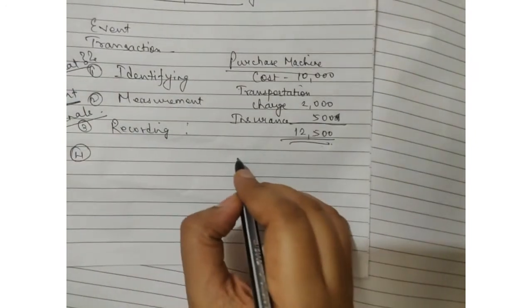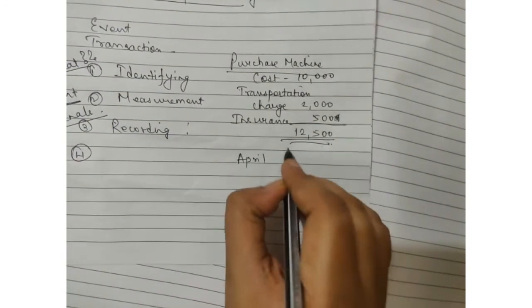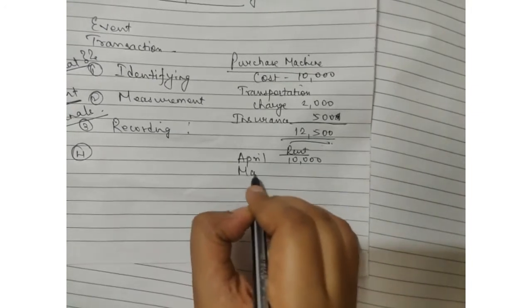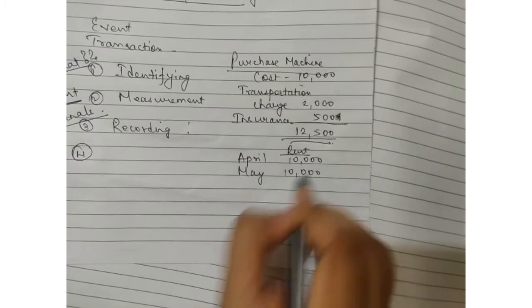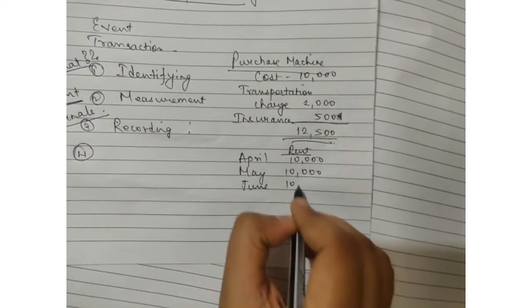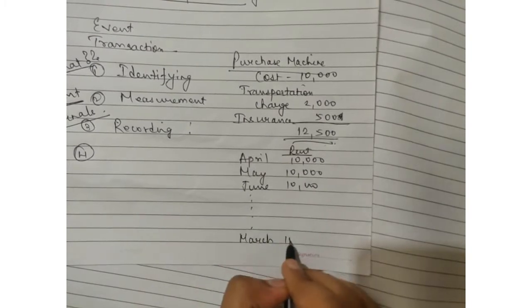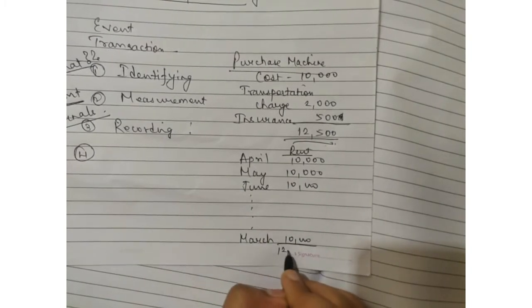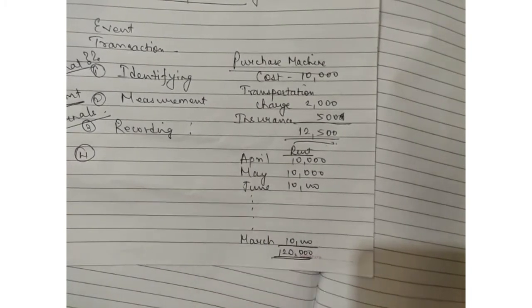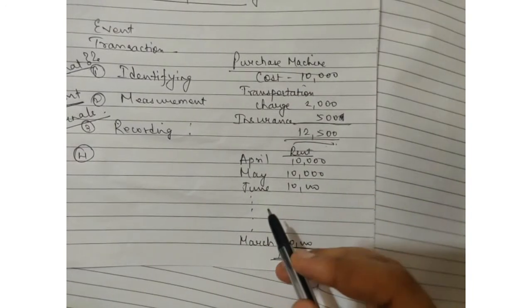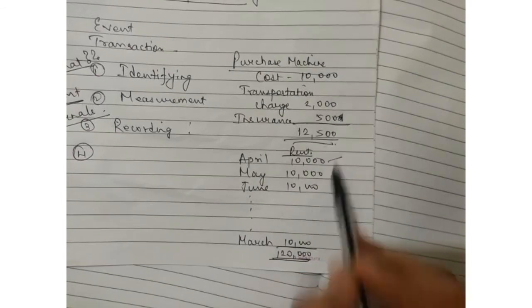suppose in the month of April you paid rent of 10,000, then you will pay it in the month of May as well, then June, July, and so on till your year end of 10,000. So you've paid a total rent of 1,20,000 during the year. So on 1st April in your journal, you recorded this transaction of 10,000 rupees.